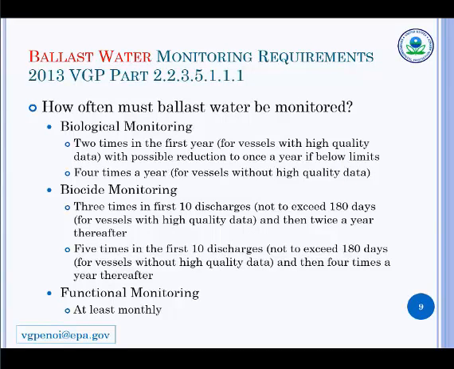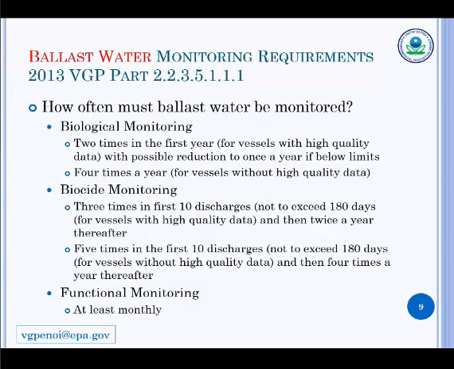The frequency of monitoring varies for the different types of monitoring and based on specifics of the vessel, but generally you have to perform biological monitoring 2 or 4 times in the first year, depending on whether high-quality data are available for the vessel treatment system, with the definition of high-quality data provided in the permit.